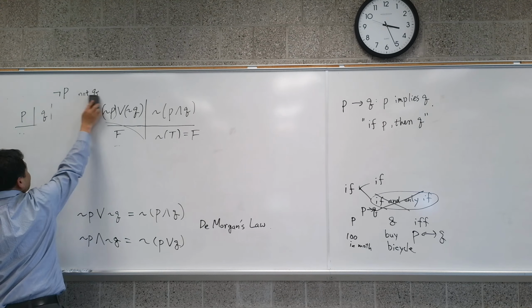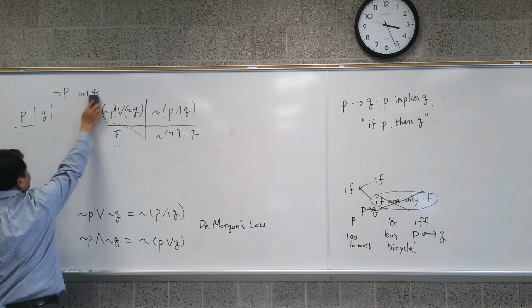Okay? So, true, true, true, false, false, true, false, false. Of course, true, true means the original statement was true. The promise was fulfilled. If my part of the bargain was done, but the other guy failed to meet the bargain, then the statement that was given to you was false.